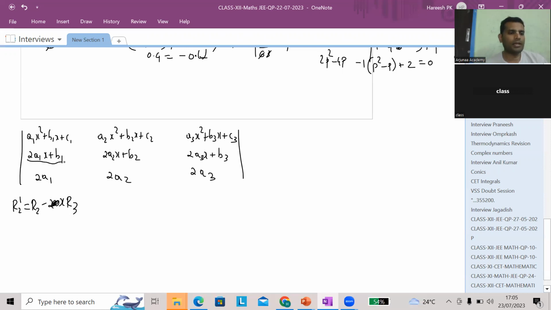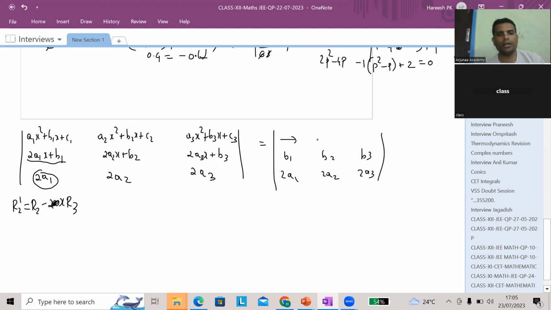I'm subtracting this with this multiplied by x. So when I do that, what will the second row be? It will only be b1, b2, b3. And this will be simply 2a1. And here I'll have the first. So obviously it's going to be a second order only, isn't it? Yes, sir.